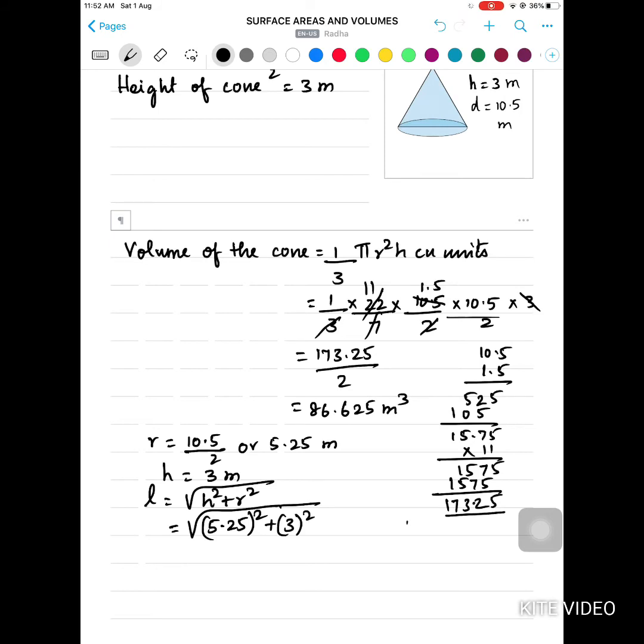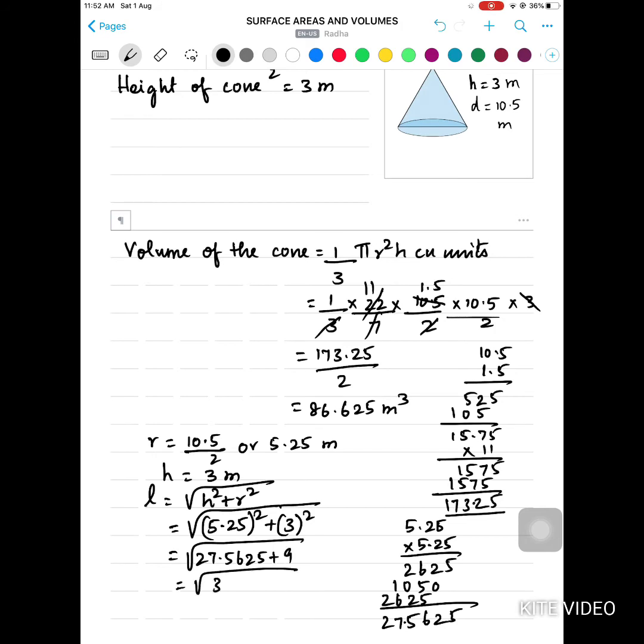So what is 5.25 squared? 5.25 into 5.25. When you multiply, you get 27.5625. 27.5625 plus 3 squared is 9.